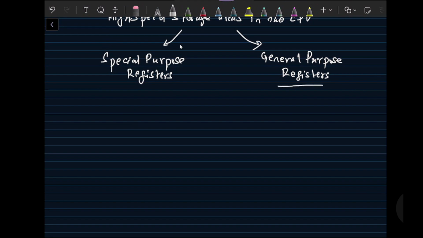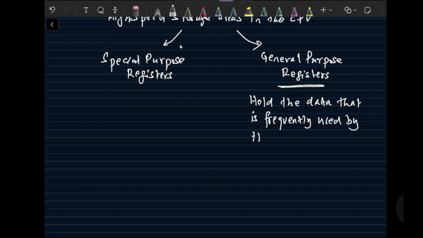The general purpose registers hold the data that is frequently used by the CPU or can be used by the programmer. All right.